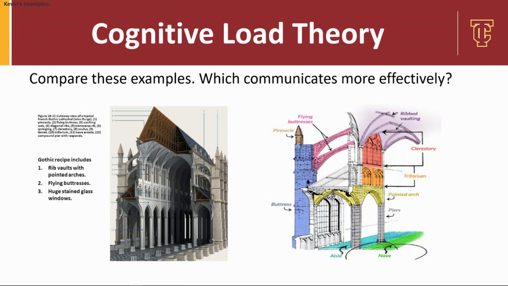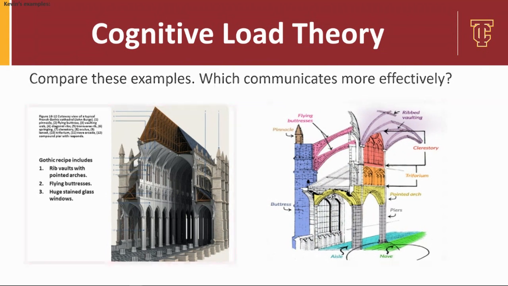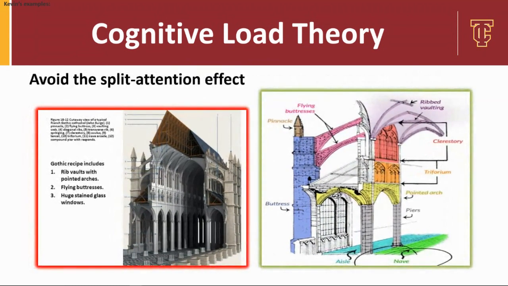So the example on the left or the example on the right. And again, you already can see that the point is made that the example on the left, first of all, has really small print for the key terms that we want to use. The graphic requires you to split your attention between two different places, whereas the image on the right has the terms clearly identified with that portion of the cathedral, and it's consistently color-coded too.